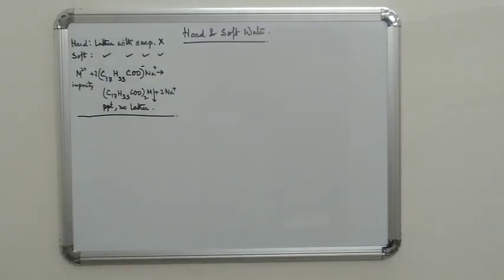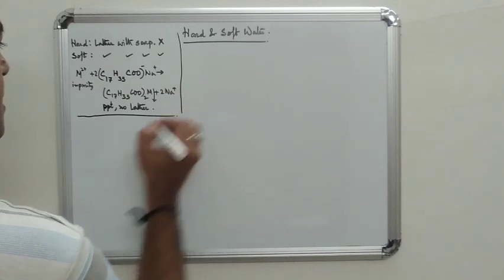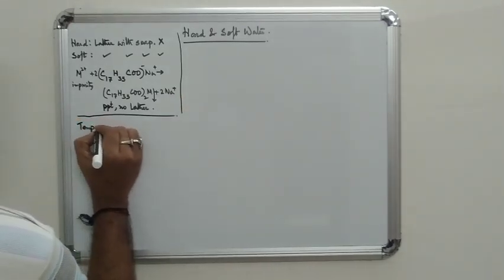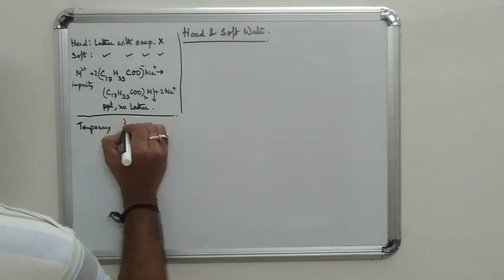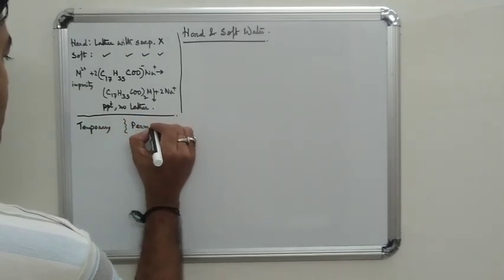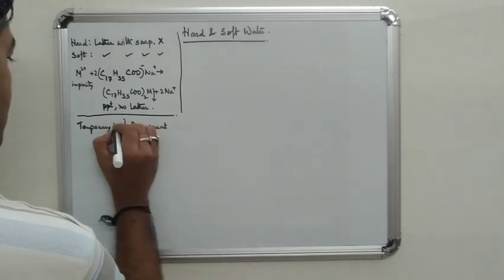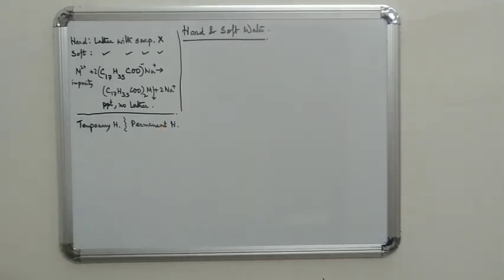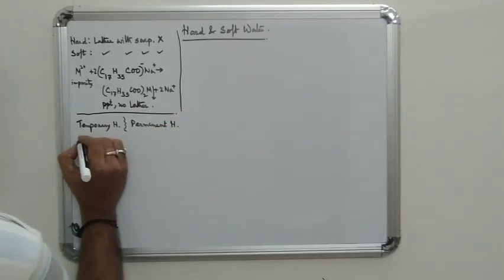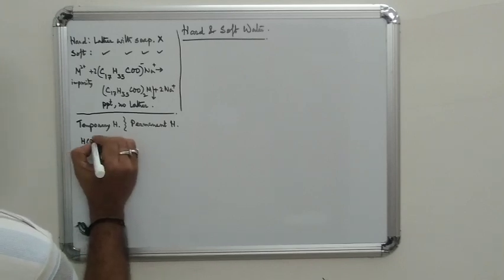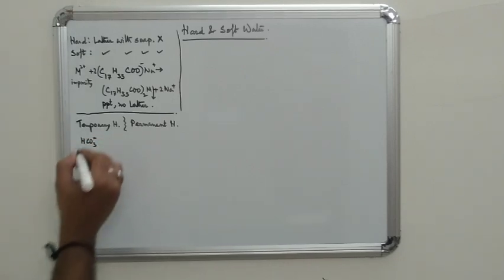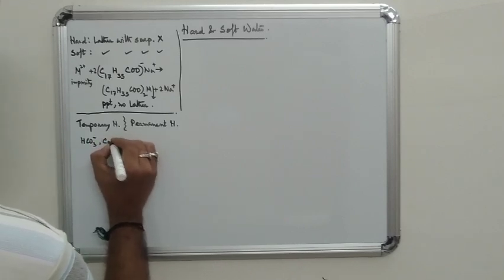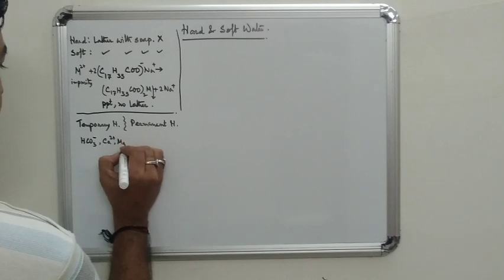Now, hard water can be distinguished into two types: temporary hardness and permanent hardness. Temporary hardness is mainly caused by the bicarbonate ions present in the aqueous medium, mainly salts of calcium and magnesium.